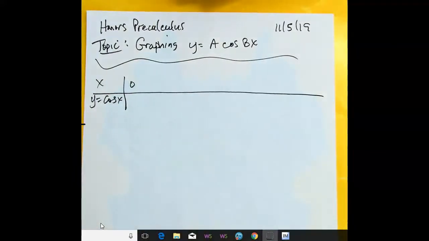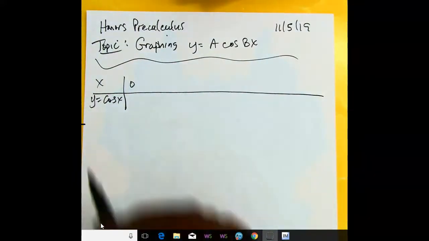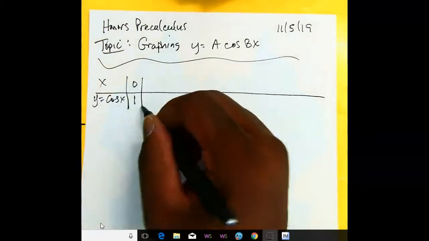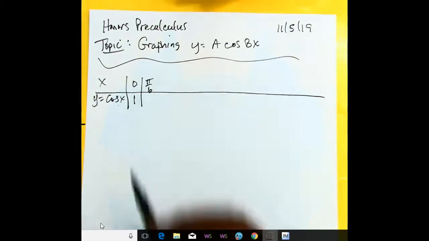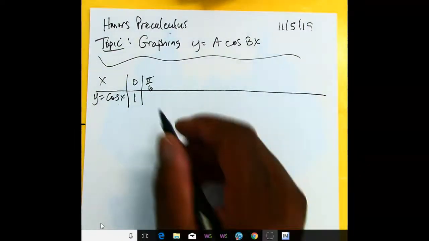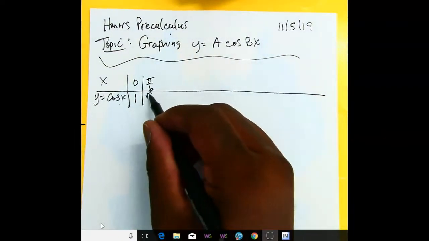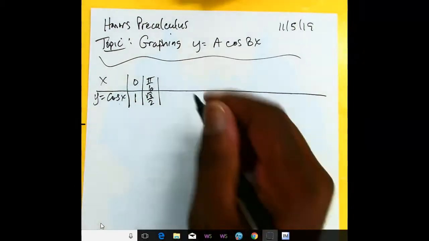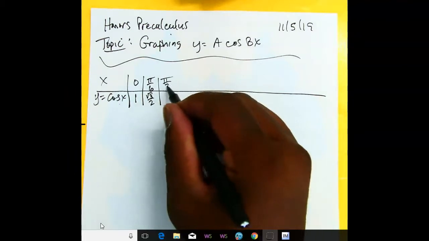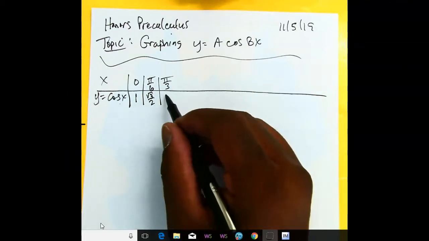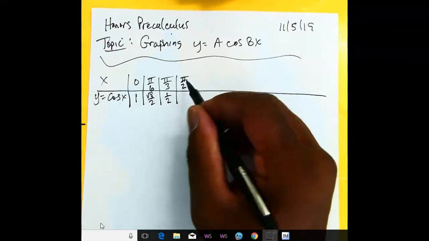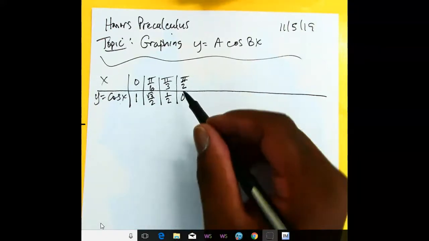When x is equal to 0, the cosine of 0 is 1. When x is pi over 6, the cosine of pi over 6 is square root of 3 over 2, which is roughly 0.86. When x is pi over 3, cosine of pi over 3 is 1/2. And when x is pi over 2, cosine of pi over 2 is 0.